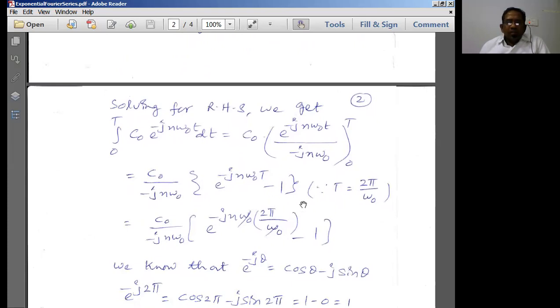Once you apply the limits, substitute small t equal to capital T. The minus j n omega naught is a constant, so we take it outside. Therefore, I can write the equation as e power minus j n omega naught T minus 1.